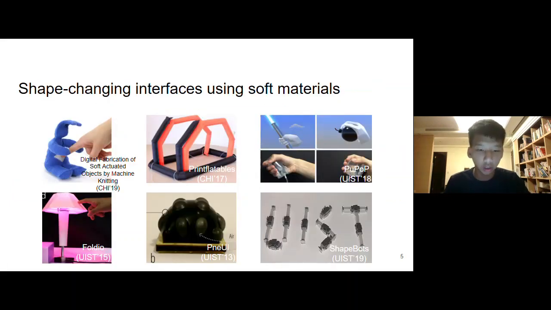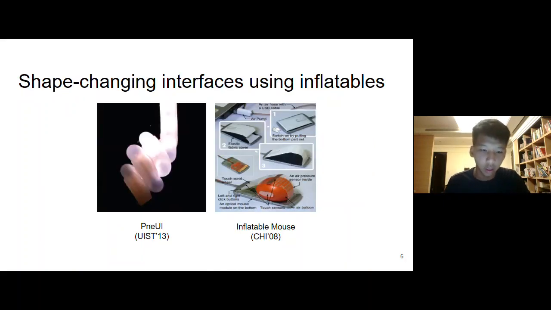Recently, researchers have also tried to use soft materials such as fabrics, inflatables, papers, and tapes to implement shape-changing interfaces. Among all these approaches, pneumatic shape-changing interfaces have great potential for minimizing device form factors because they are lightweight and able to change the volume freely to form various shapes.